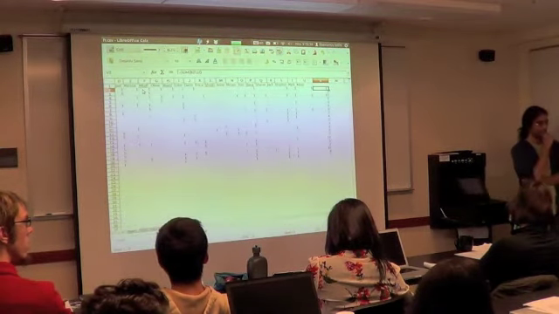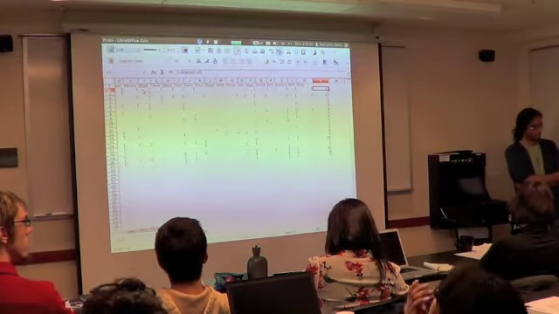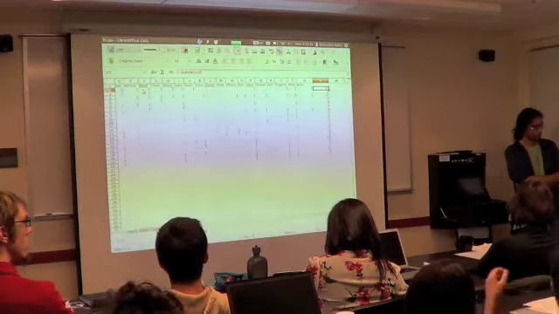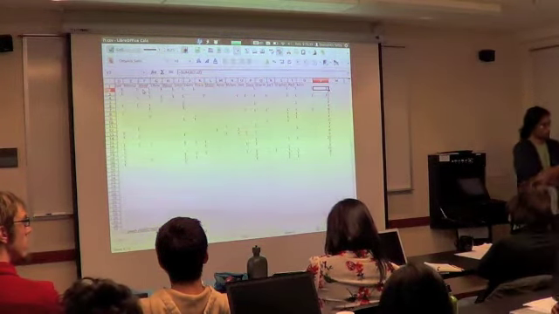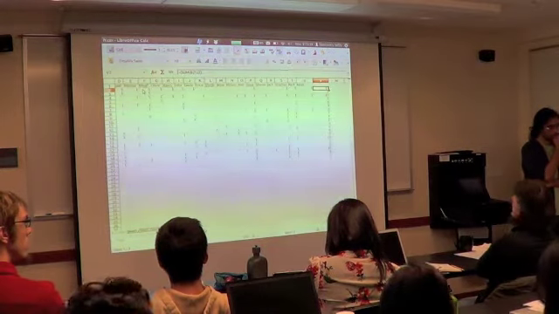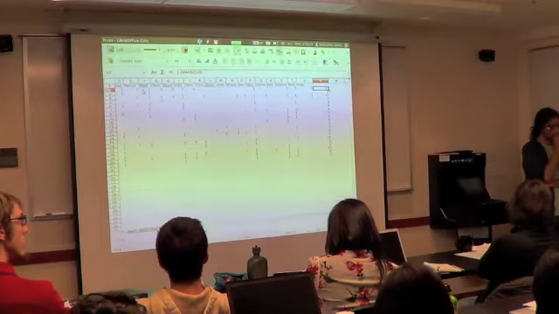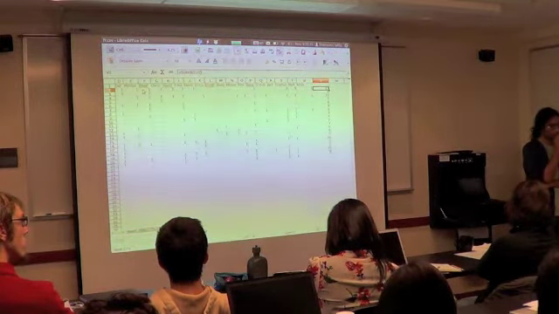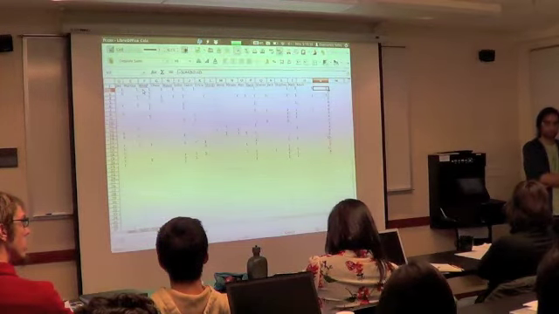I would expect it to not be a true power law. I would expect very few people with a lot of friends and very few people with no friends, so kind of like a Gaussian.